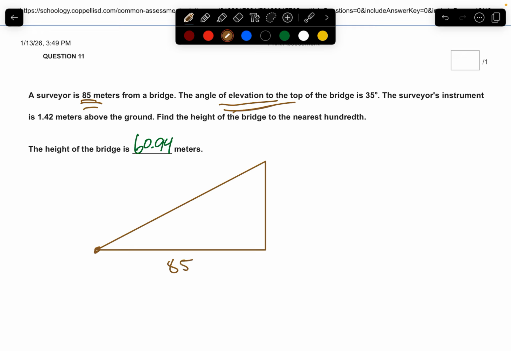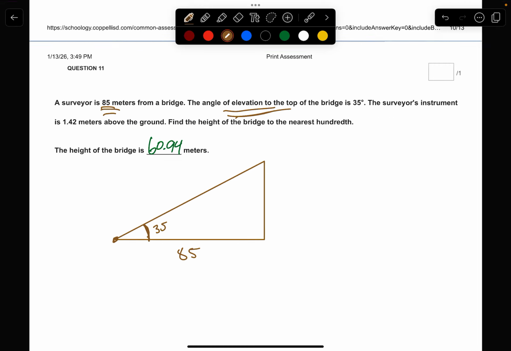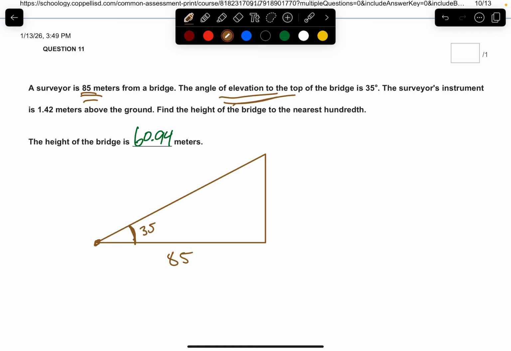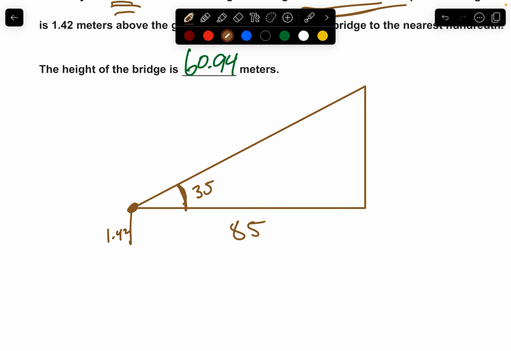The angle of elevation to the top of the bridge is 35. The surveyor's instrument is 1.42 meters above the ground. That does matter. If the instrument we're using to measure is starting 1.42 meters above the ground.